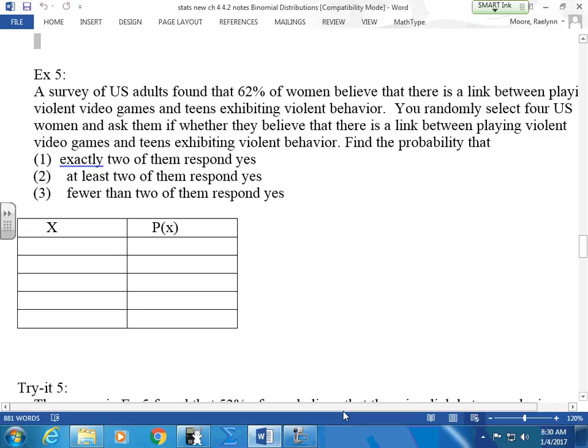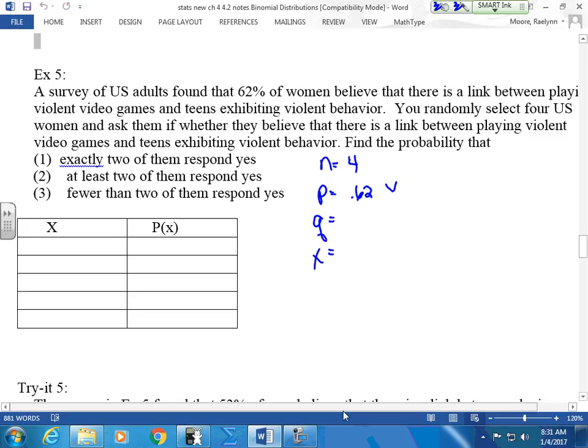So first, let's make sure that this is in fact binomial. So we're going to start with N, P, Q, X. So what's the N? I want 4 people. What's the probability that they will say yes, they find a link? 62%.